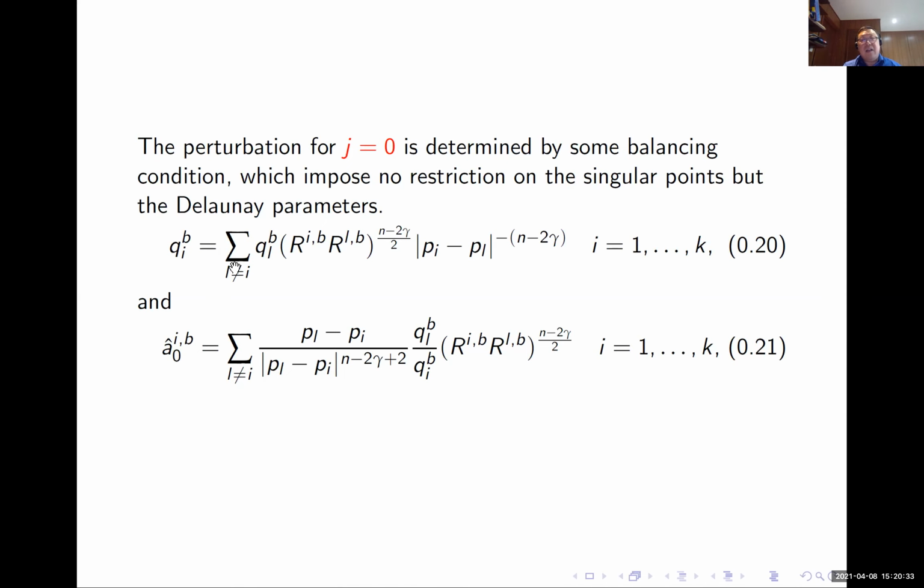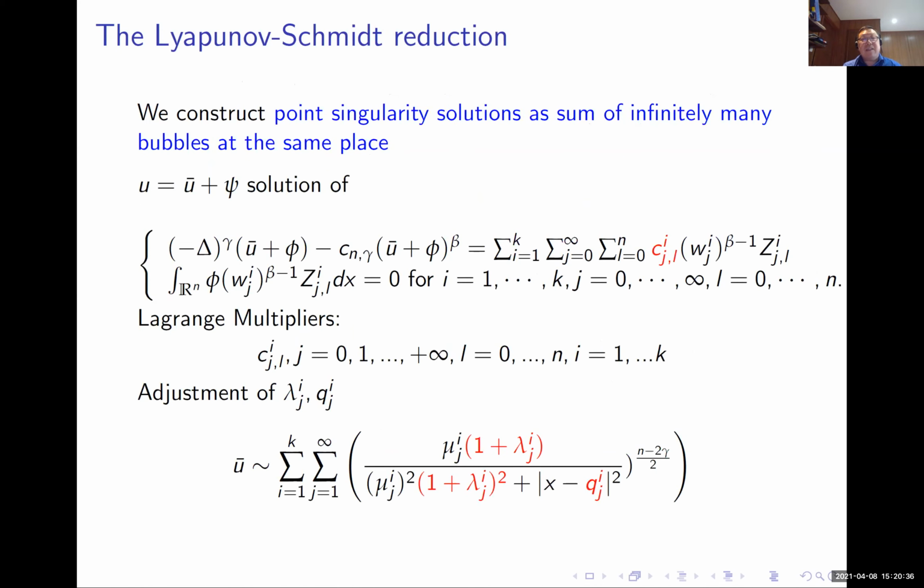So what I want to mention about this third application is that even with infinitely many bubbles, you can still use this finite dimension reduction to construct solutions. The way is you have to view this as infinitely many bubbles.